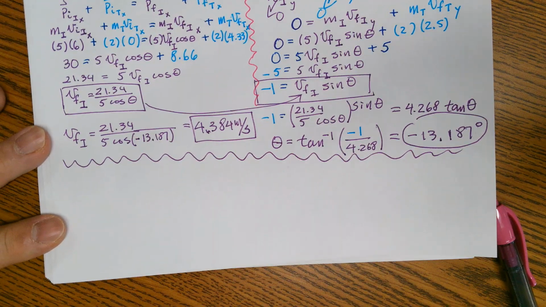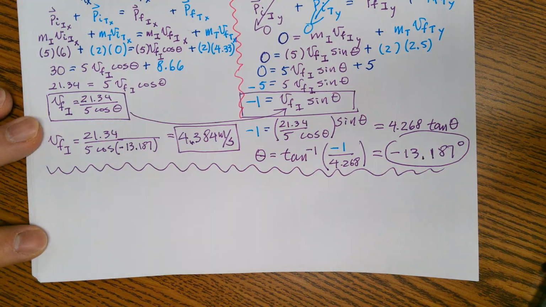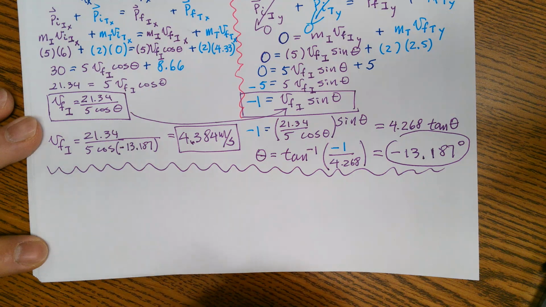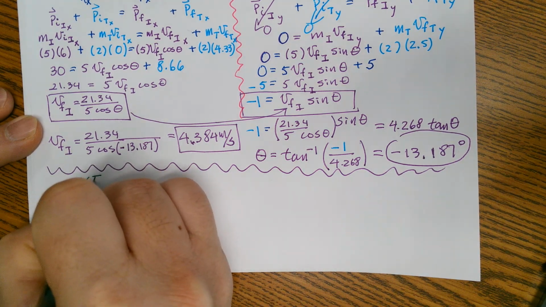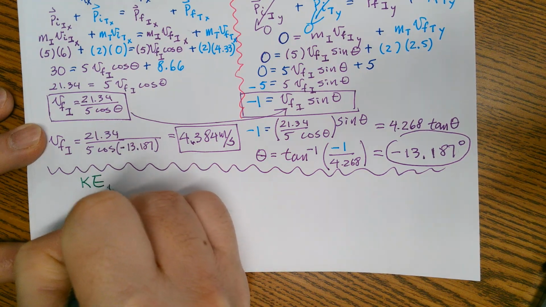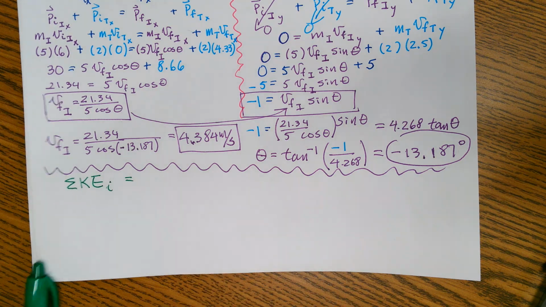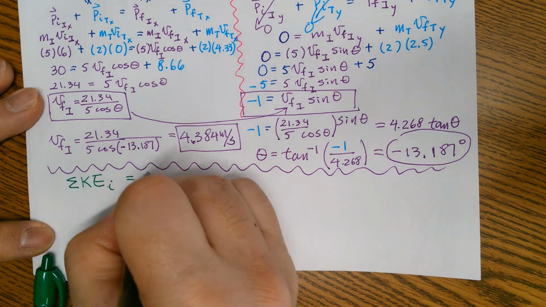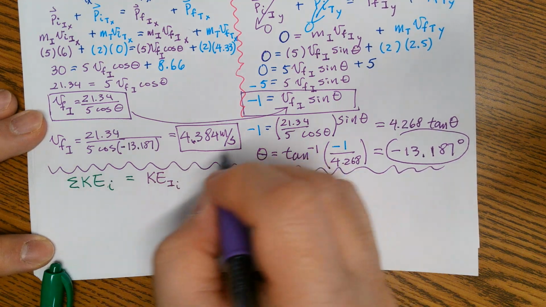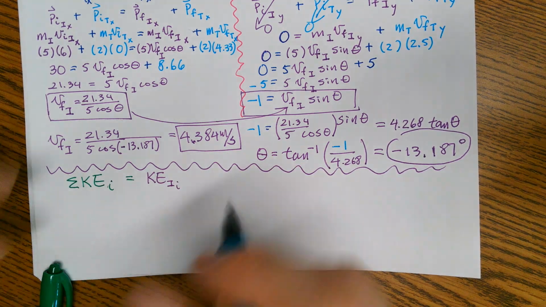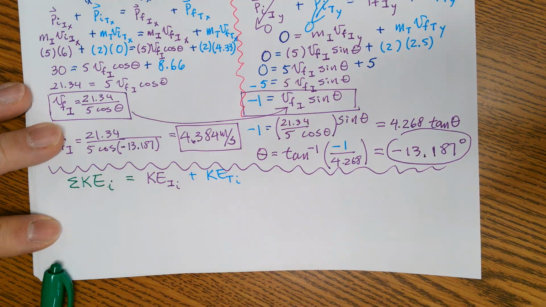Well, to find out if it's an elastic collision or not, we have to find the kinetic energy before the collision and the kinetic energy after the collision. So finding the initial kinetic energy, the sum of all kinetic energy initial is just the kinetic energy of the incident ball initial, plus the kinetic energy of the target ball initial.